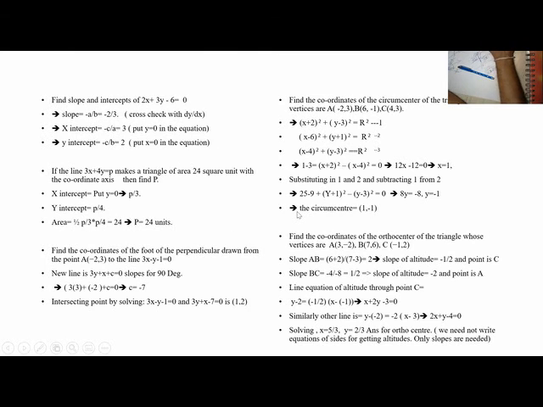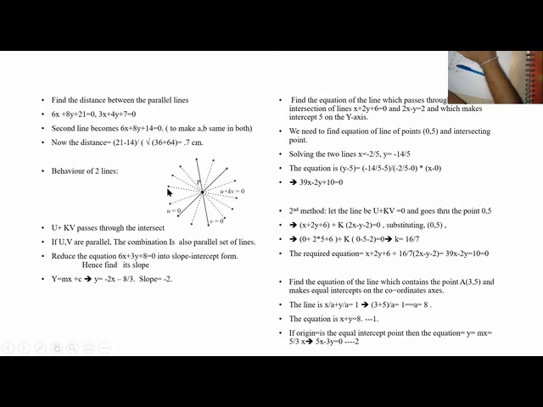So what is the behavior of two lines? Suppose I have one line here, U is 0, and another line, V is 0. Both lines intersect at point P. So once I add these two lines, U plus some constant into V, it forms one of these dotted lines. So we have infinite combinations.